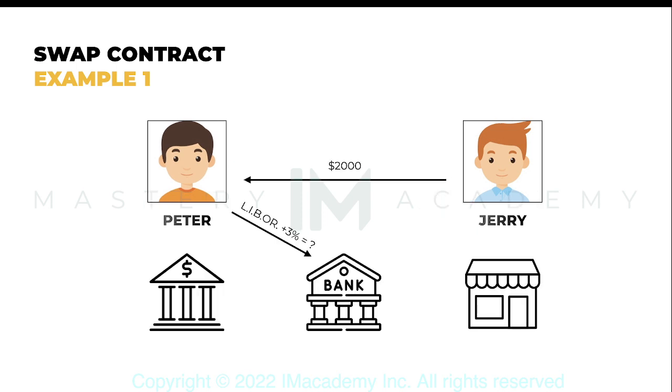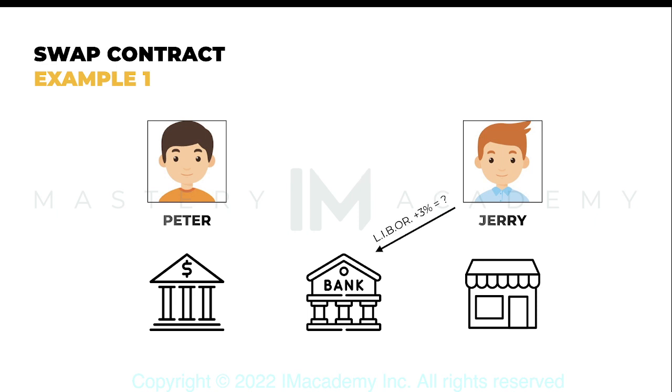If we are talking about the adult offer, Jerry took a LIBOR plus 3, which is a variable rate, which means that he is taking a risk because he doesn't know which kind of rate he will be paying next month, in 2 months, in 3 months, in 6 months, and so on.